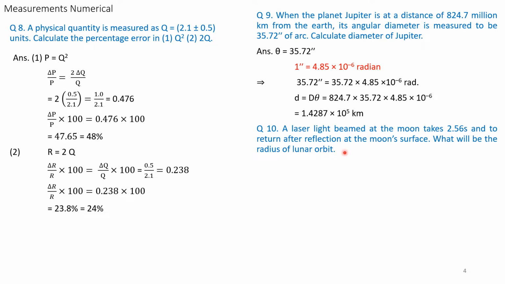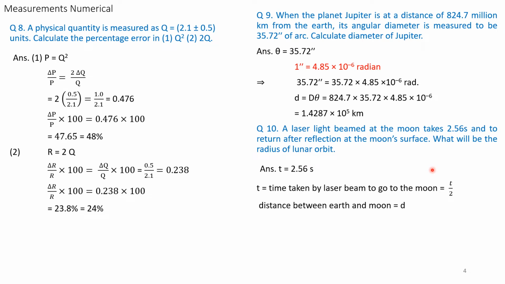So we have to calculate the radius of the lunar orbit. It is given t is equal to 2.56 seconds. Therefore, the time taken by the laser beam to go to the moon is t by 2. That is, go and return is 2.56 and only go is t by 2, half of that.